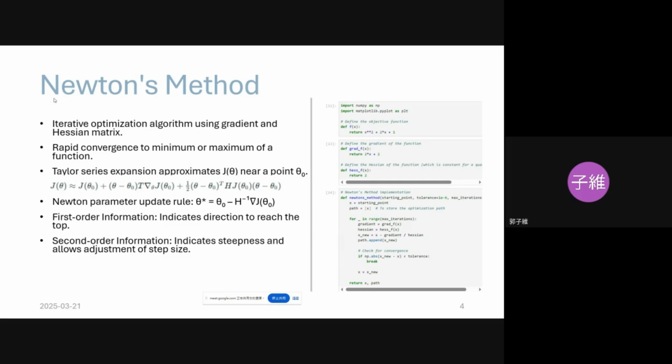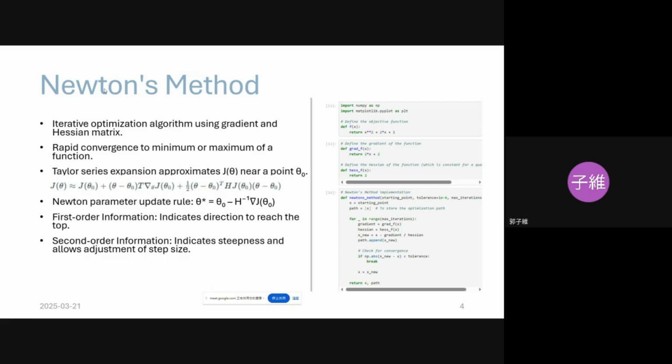Okay, we use Taylor expansion to expand our optimal function, like so. The second order is typically accepted, and we update our parameter with the formula right here on the fourth line.